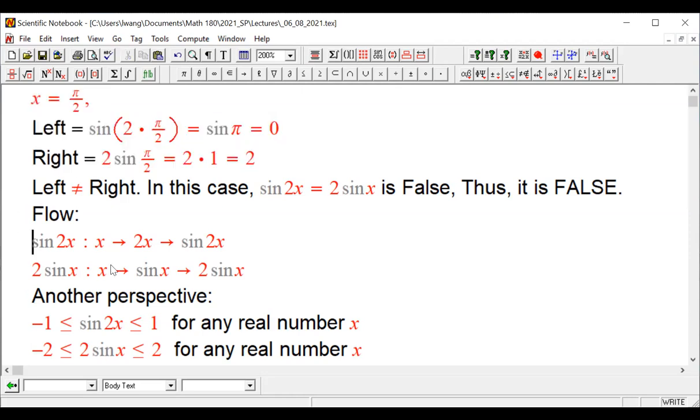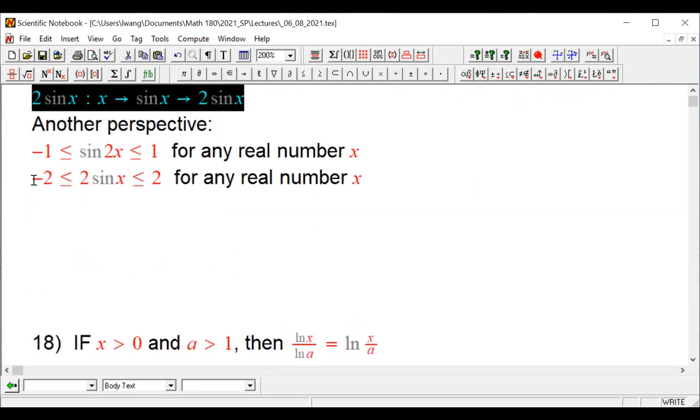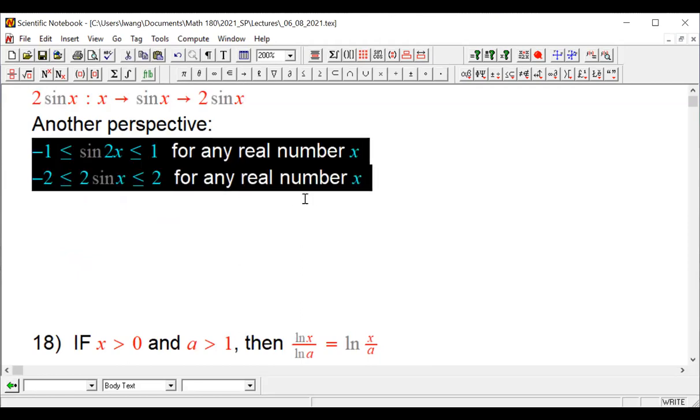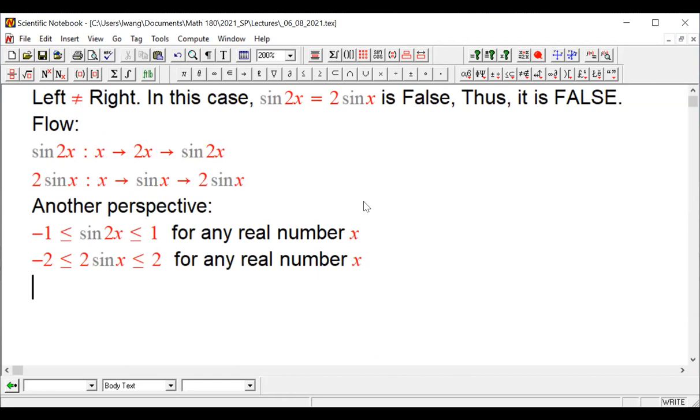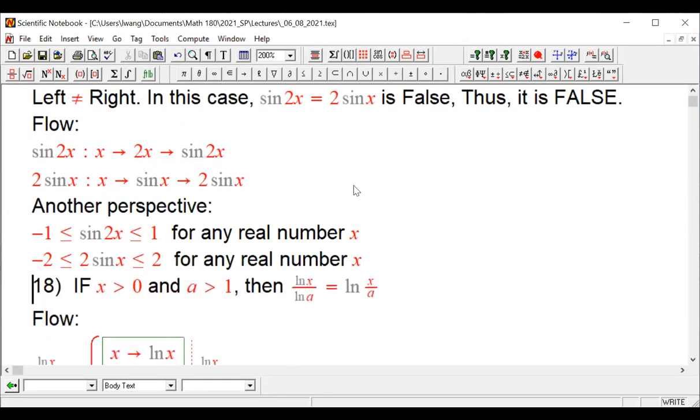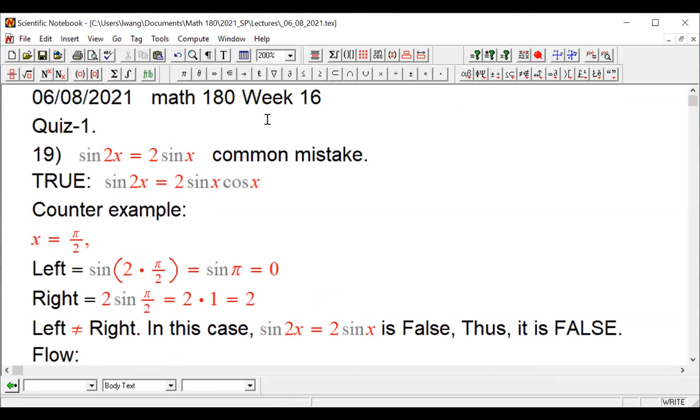And you look at the flow, and the domain and range. From all these different perspectives, of course we're not going to use it. So that's number 19.